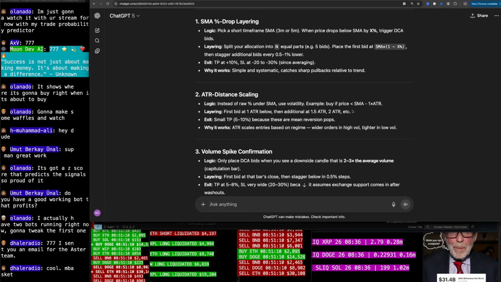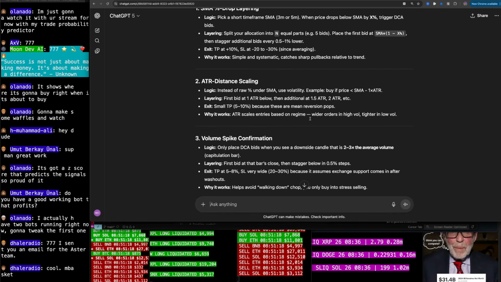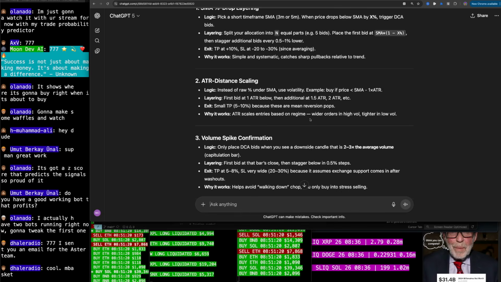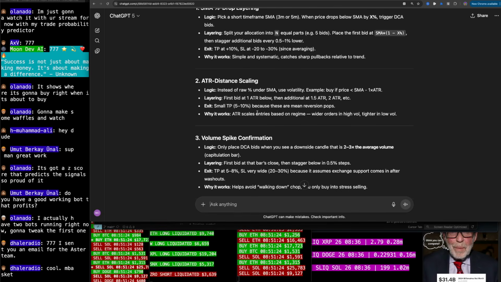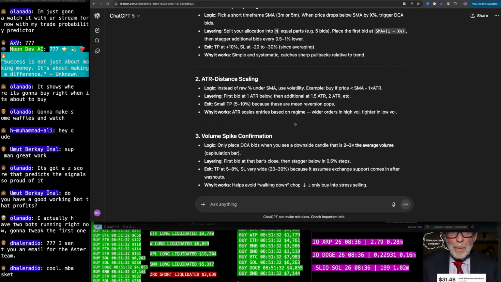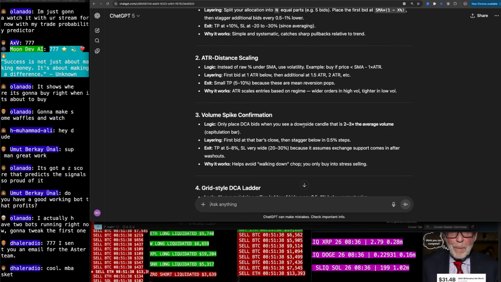Example, if the SMA minus 1 ATR, layer the first bid at 1 ATR below, additional at 1.5 ATR, 2 ATR, etc. Exit small, take profits 5 to 10% because these are mean reversion pops. Why it works: ATR scales entries based on regime. Wider orders in high vol, tighter in low vol.